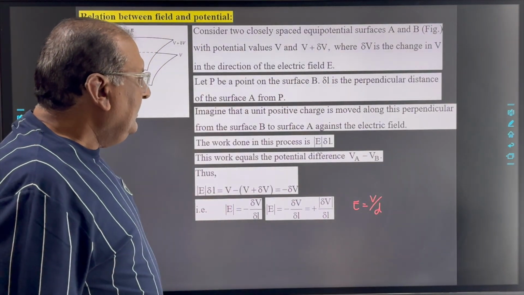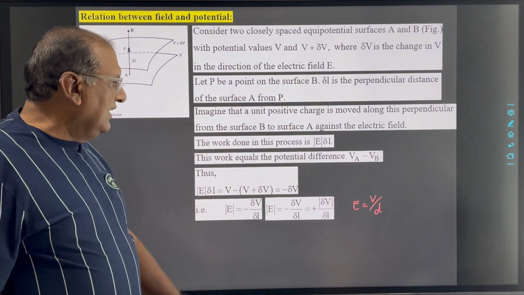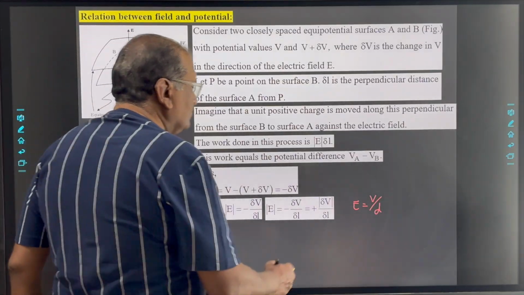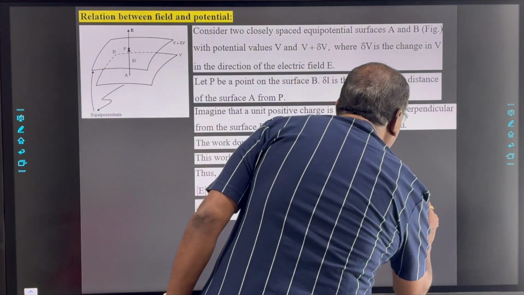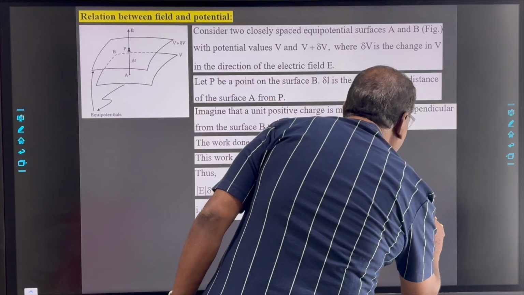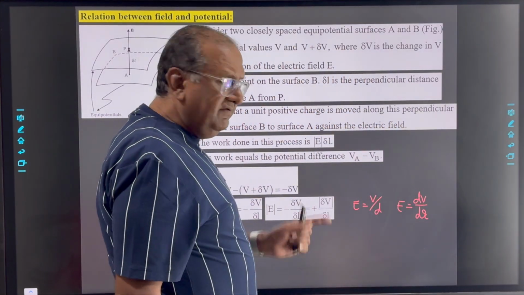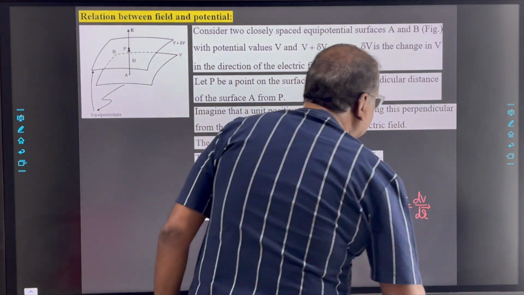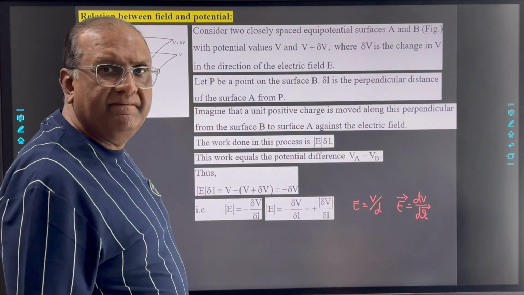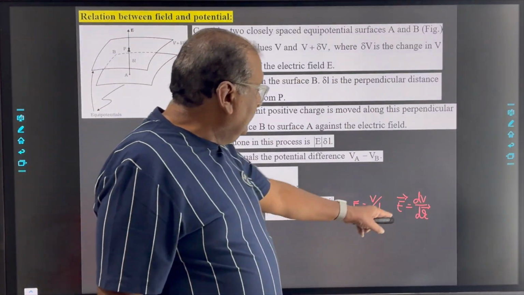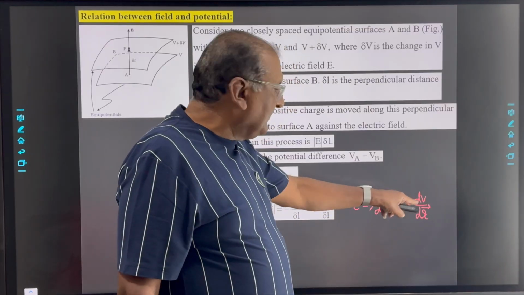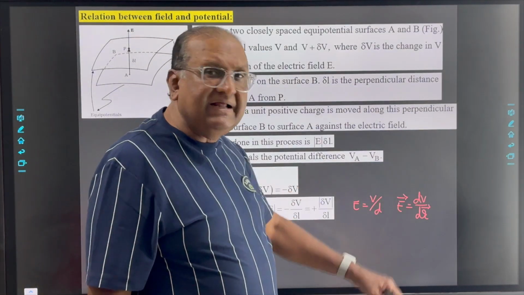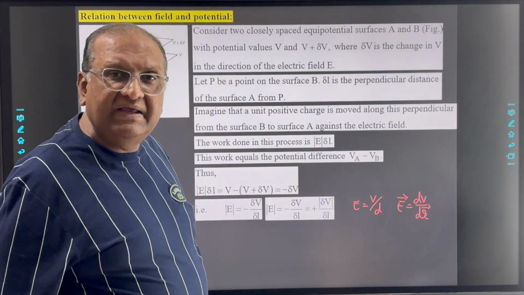Now we can write the relationship like this also: E equal to dV by dr, and in vector form you can take E vector as dV by dr. Now in this case you have to take partial differentiation, because r is a function of x, y, z.